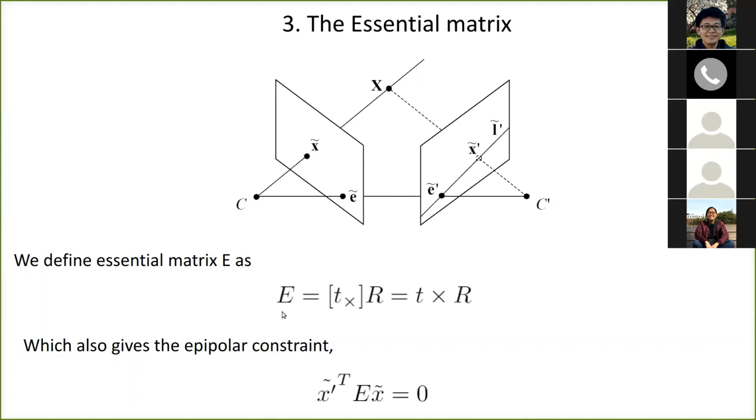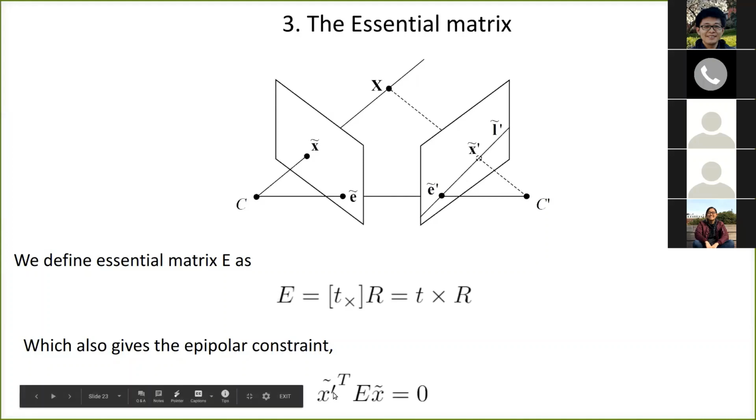This essential matrix E describes the relationship between the two correspondences, X and X prime, as denoted here.